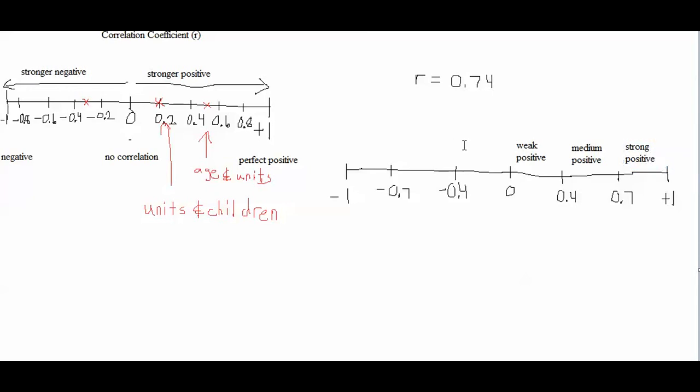Anything between 0 and negative 0.4 would be a weak negative. Anything between negative 0.4 and negative 0.7 would be a medium negative. Anything between negative 0.7 and negative 1 would be a strong negative.